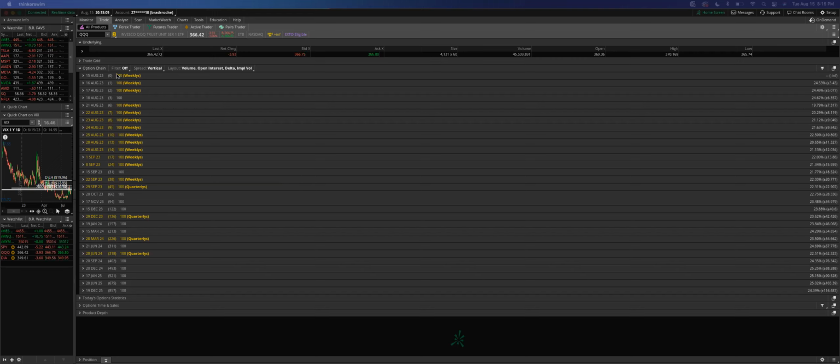So we can first go into expiration. A lot of people are going to try to trade 0 days to expiration, 1 day, 3 day, whatever, these really short term options contracts. And in my opinion, it's very unwise. Doesn't make sense to me at all.